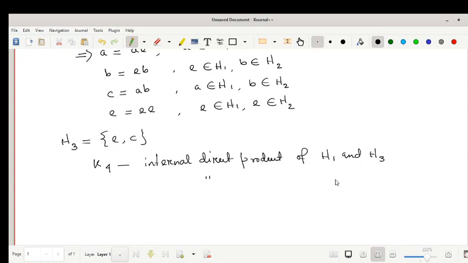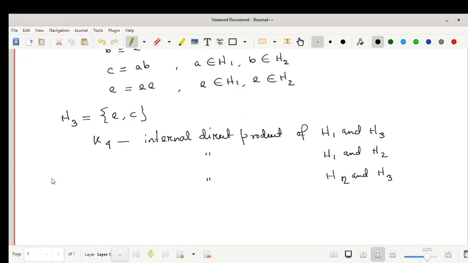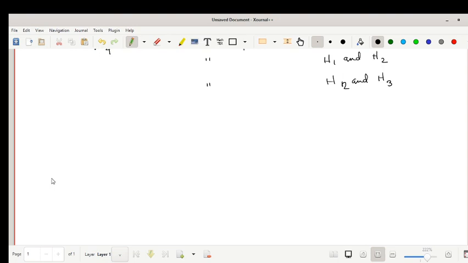Similarly, it will be an internal direct product of H1 and H2. And similarly, it will be an internal direct product of H2 and H3. So any two you can choose, you can form an internal direct product. So this is one example.